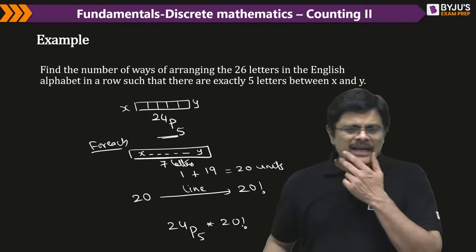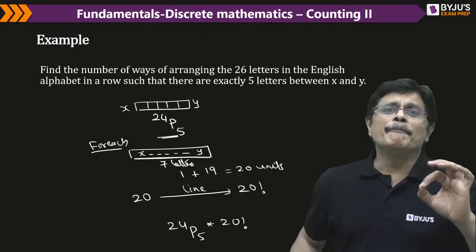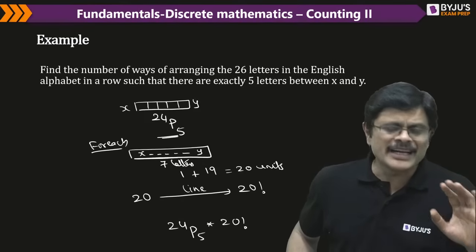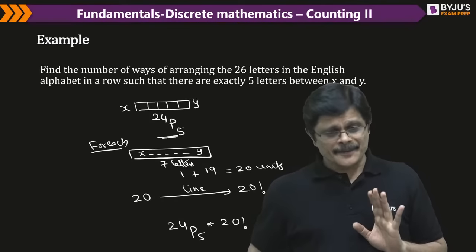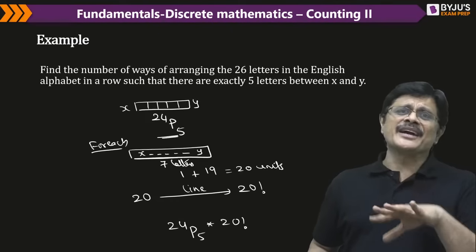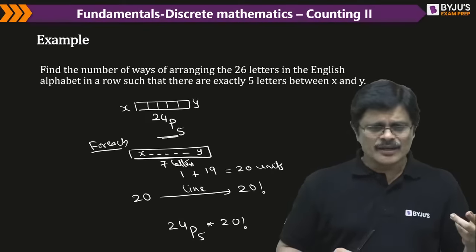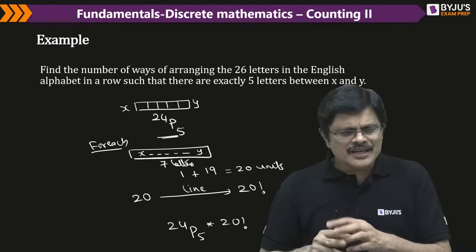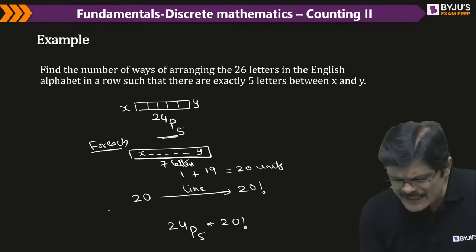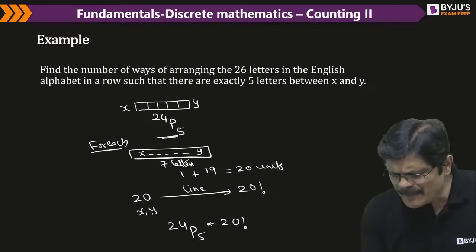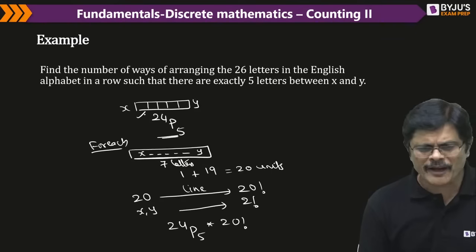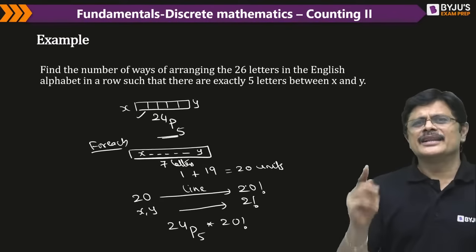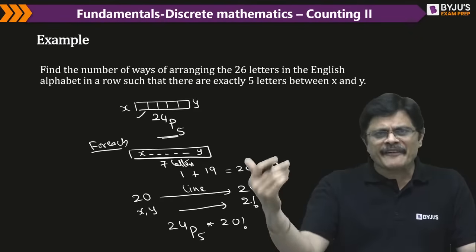But here, I mentioned that between X and Y. But did I mention that X first and Y next? Or Y first and X next? So, for each of these, X, Y can be arranged in 2 factorial ways. So, 24 P5, for each of that there will be 1 unit plus 19, 20 factorial ways.